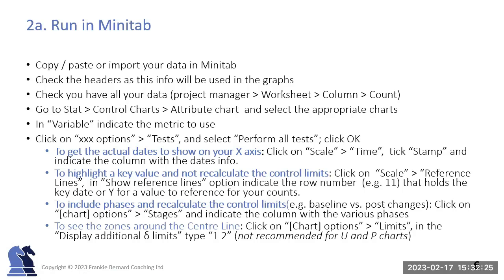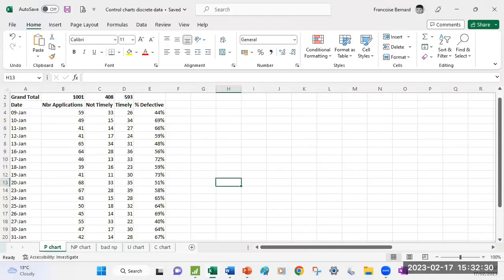Okay, so with that in mind, let's jump over to Excel and have a look at our data. So I prepared a set of data from effectively my loan and mortgage application process, because it's one that I know very well, but also something that we can all relate to.